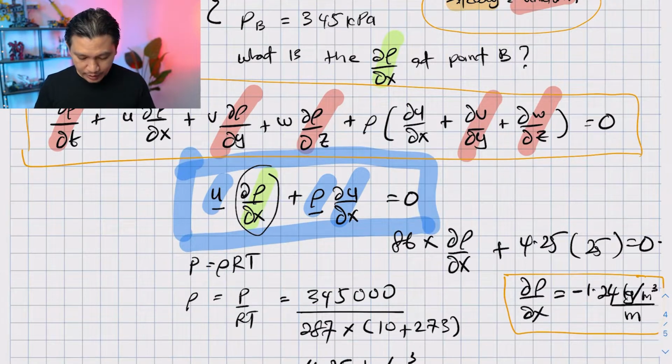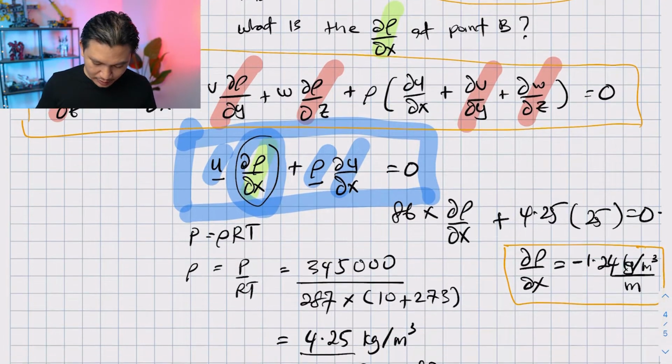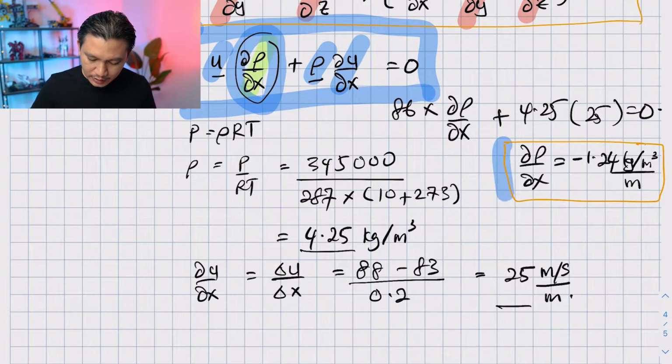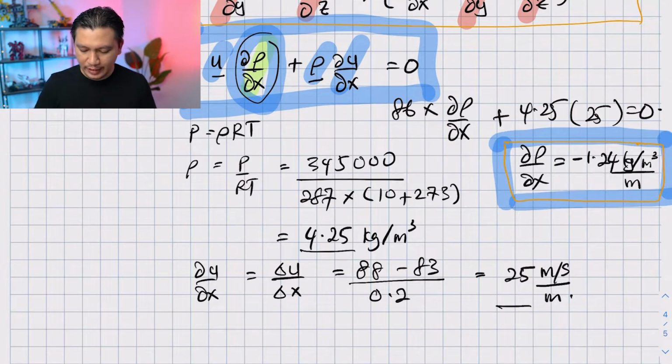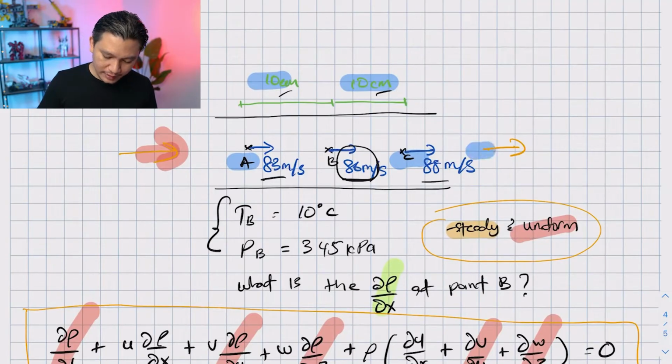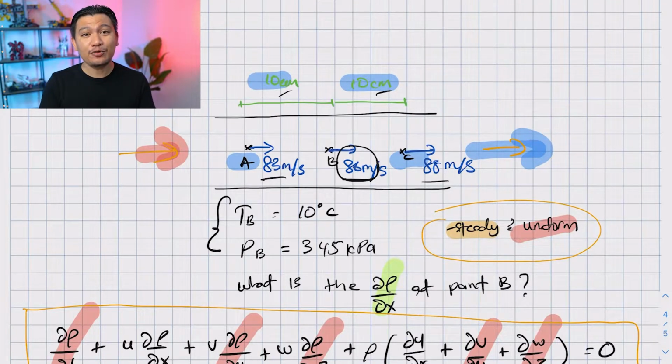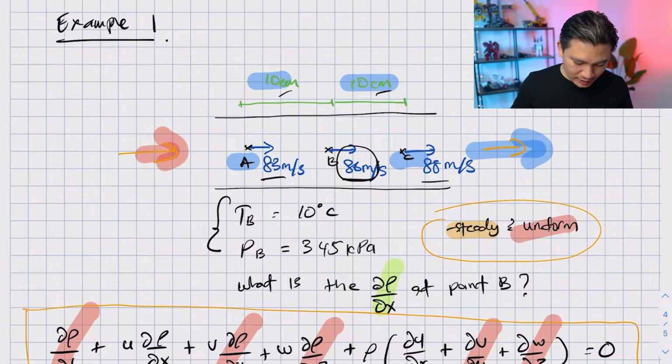From there, use whatever information the question gave to find del rho over del x, which is the change of density in the x direction. Once we found that, we determined that our del rho over del x is minus 1.24 kilogram per meter cube per meter, which means that as the flow moves to the right hand side, the density will keep decreasing. I hope that is clear to you.